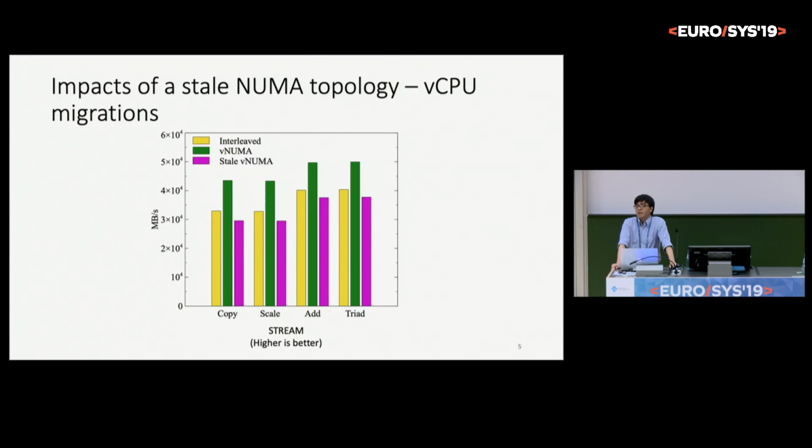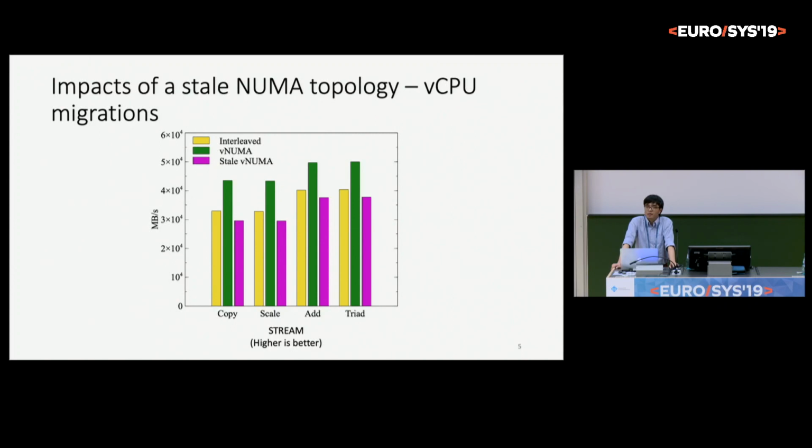We measure the impact of a stale topology to application performance running inside a VM. Here we compare the performance of vNUMA and interleave policy. Normally, the performance of application running with vNUMA will be better than with interleave policy.